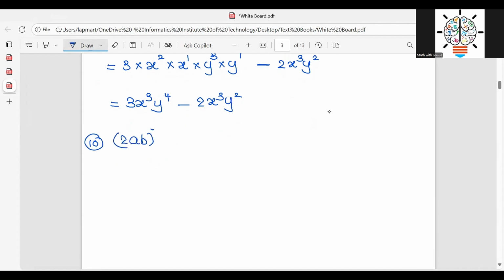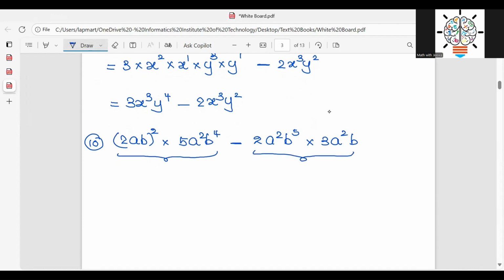2ab squared, 5a squared b to the power 4, 2a squared b to the power of 5, and 3a squared b. So then we want to multiply them separately before subtracting. Right?